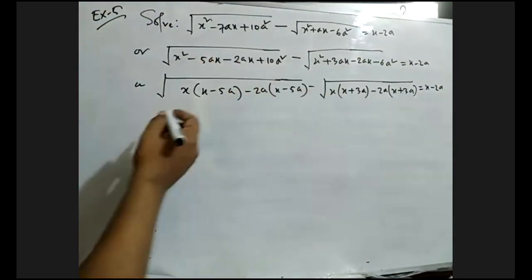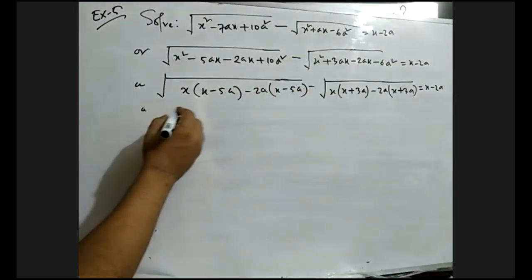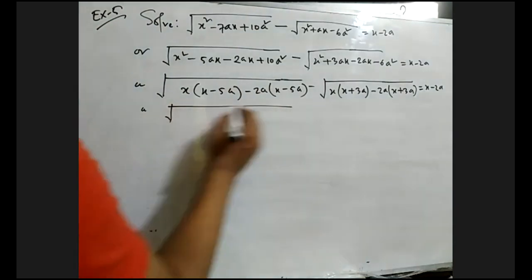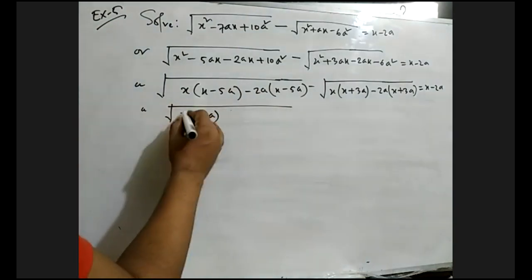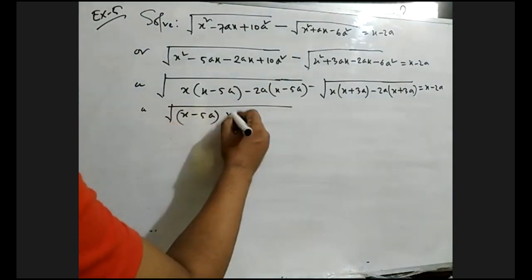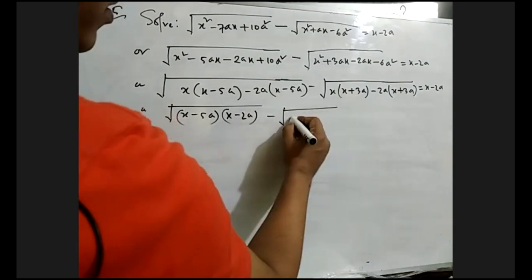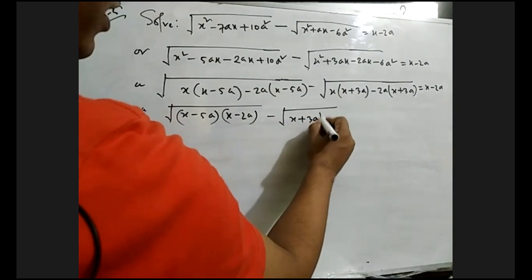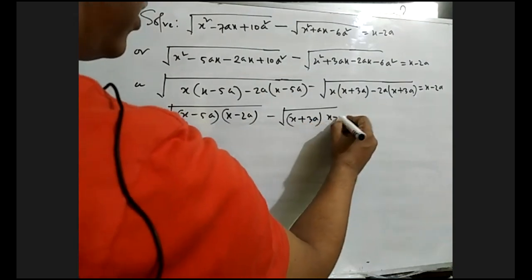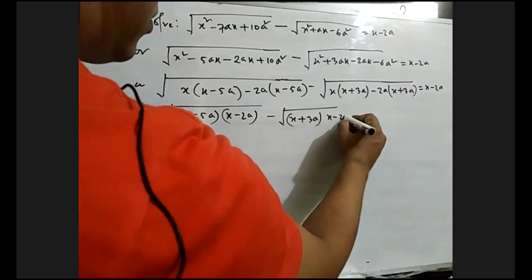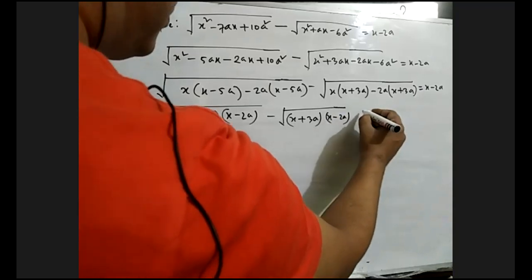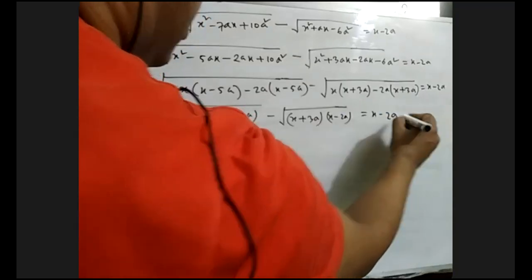Okay, this will be the right hand side. Or, okay, here we get x plus 3a common, just factorization process. This equals x minus twice a.